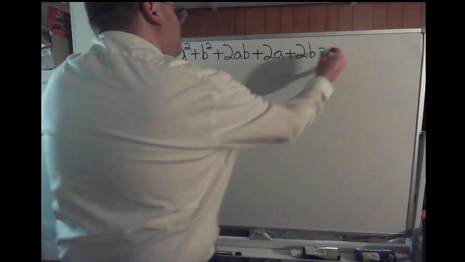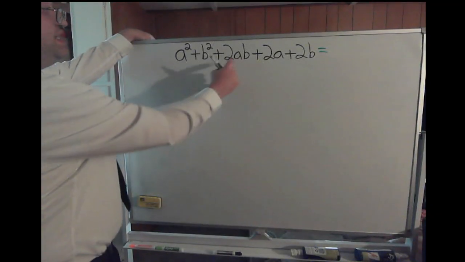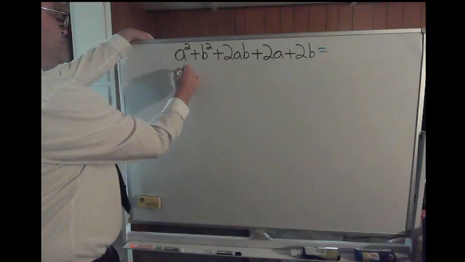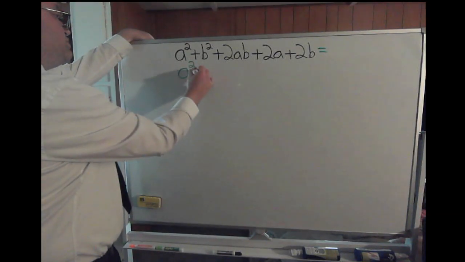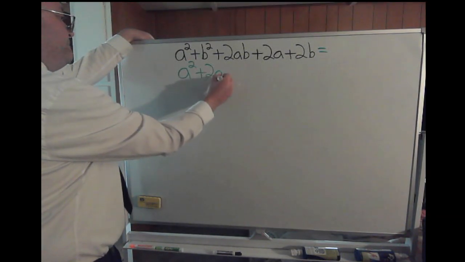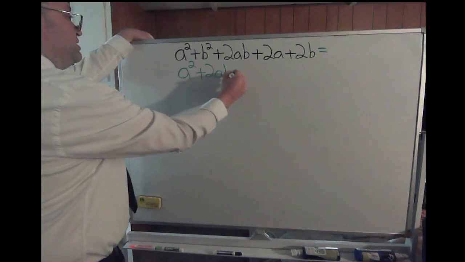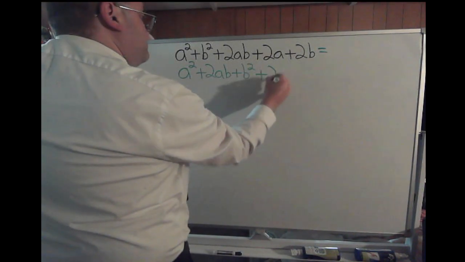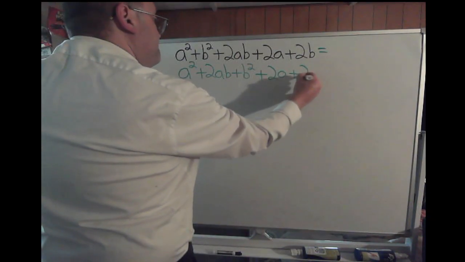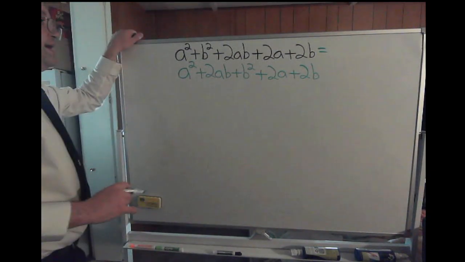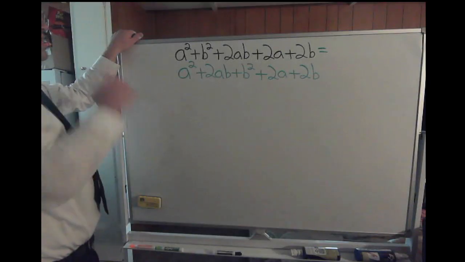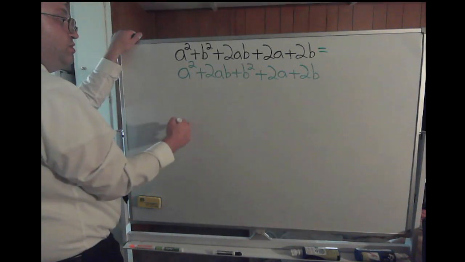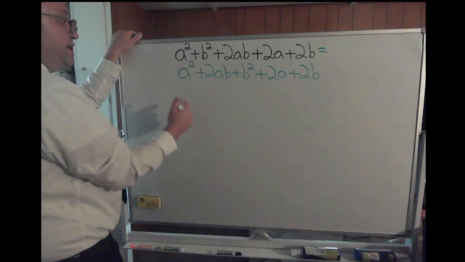Well, I would use, okay, do you see that 2ab? If you put that between the a squared and b squared, which is what we're about to do, you'll have a squared plus 2ab plus b squared, right? Then we'll just still have your 2a plus 2b. If you go ahead and do that, it almost looks like another perfect square trinomial or a binomial squared.